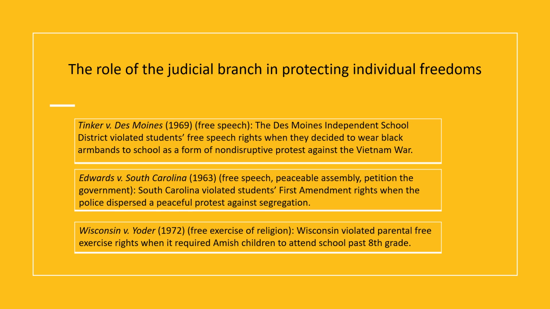And so here we see various individual freedoms guaranteed by the First Amendment, and the Supreme Court, in its interpretation of the First Amendment and looking at a specific case, said that these free speech rights and peaceable assembly and petitioning the government rights were indeed violated.